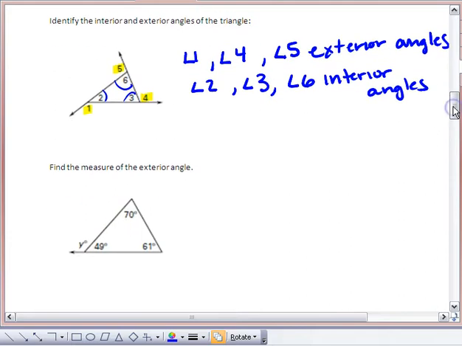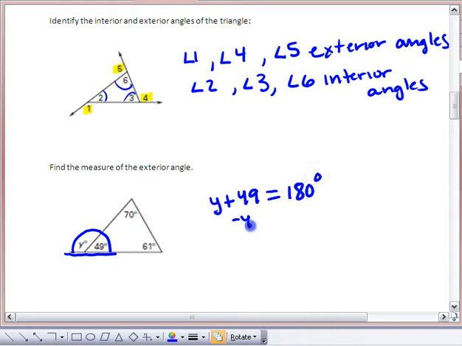Now, to find the measure of an exterior angle, notice that my exterior angle and my interior angle form 180 degrees, or a straight angle. So, y plus 49 should give me 180 degrees.